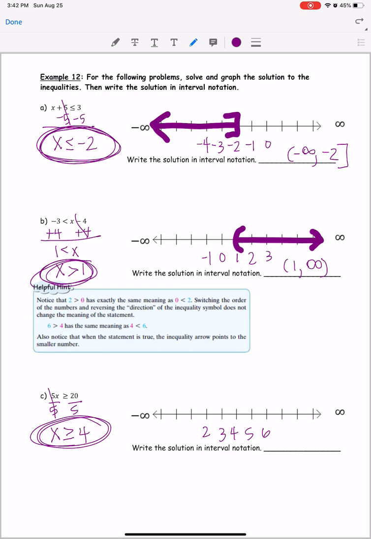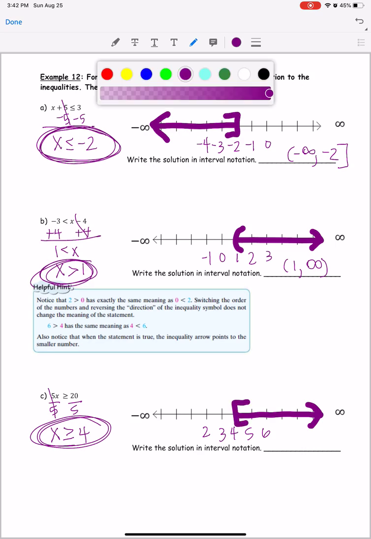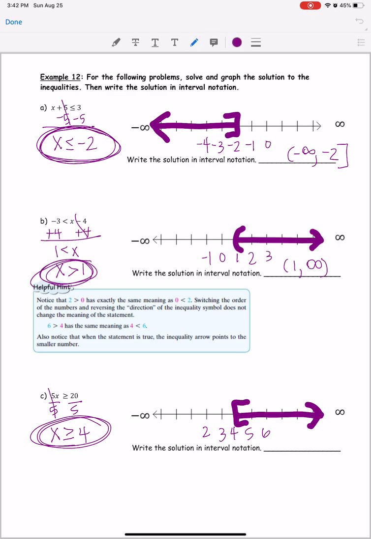So we're going to shade that way. We're going to shade to the right. And it's got this bar under it. That bar means a bracket. So there's my graph. And then interval notation, it starts at 4 with a bracket. So bracket 4, comma, it's going to the infinity side. So comma, infinity, and infinity always has the parentheses.